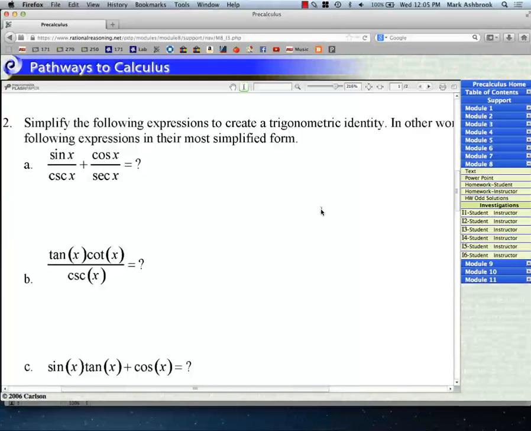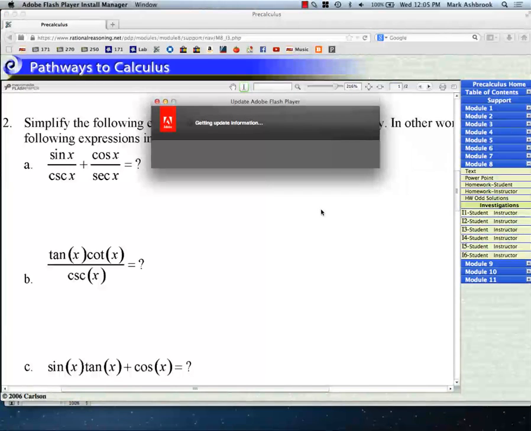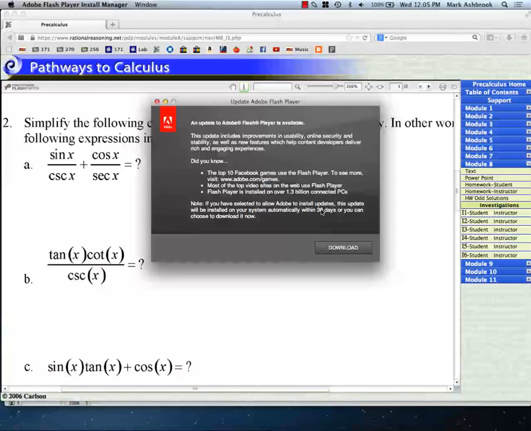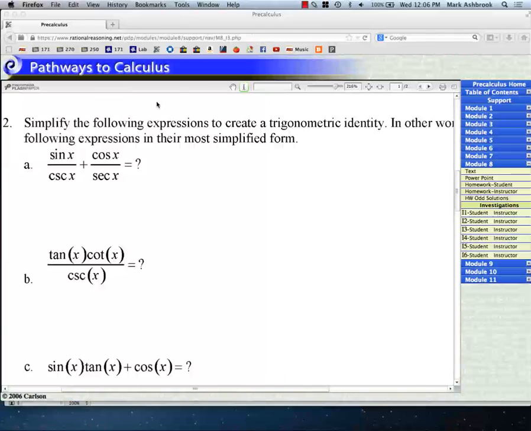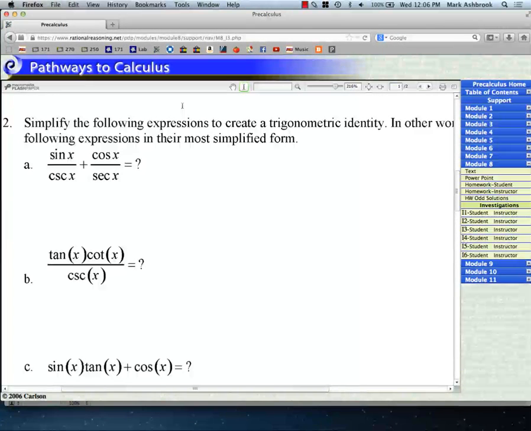So look at A. So here's an example. We've got this complex expression of the trig functions, and we want to simplify it. So we're going to use that strategy that I just mentioned, which is change everything to sine and cosine.